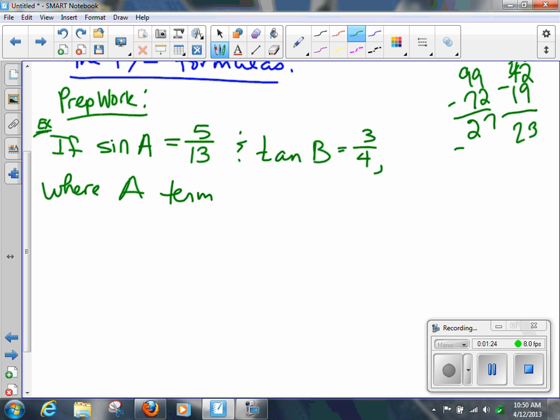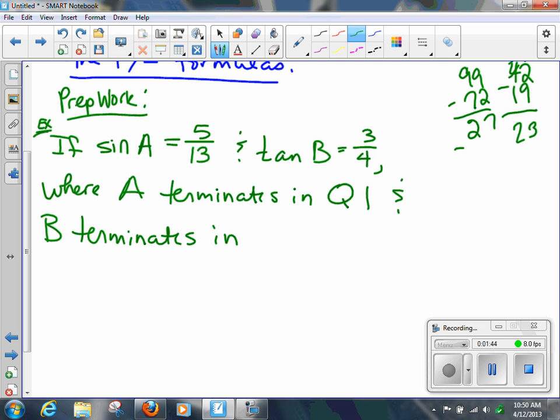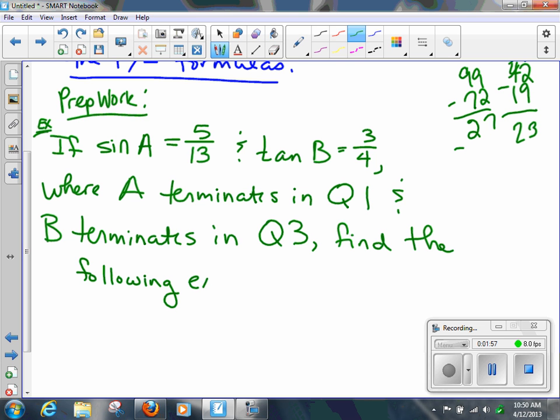A terminates in quadrant 1 and B terminates in quadrant 3. Find the following exact values.